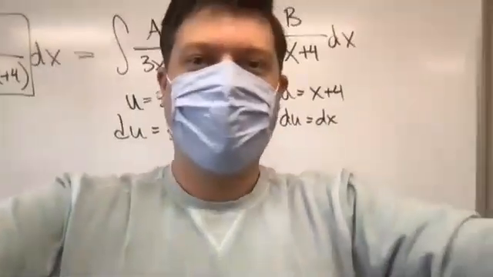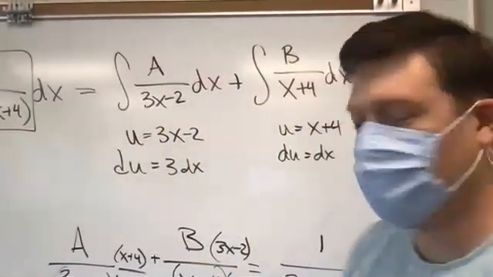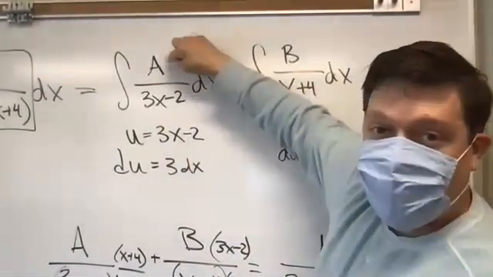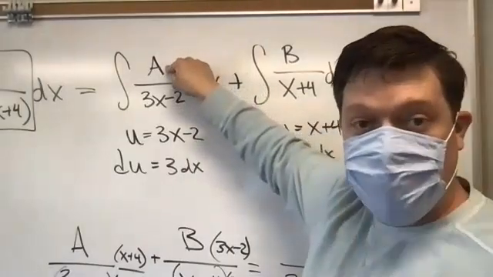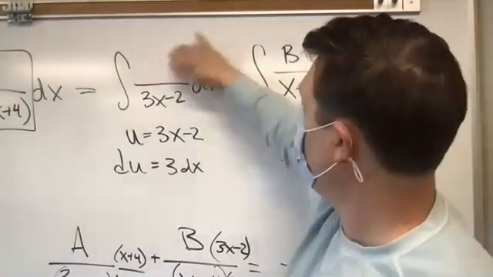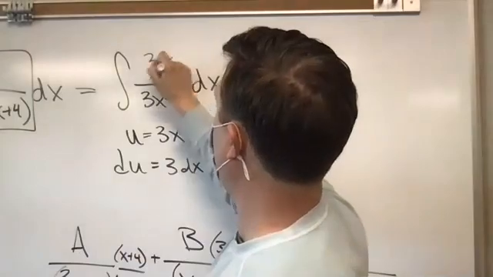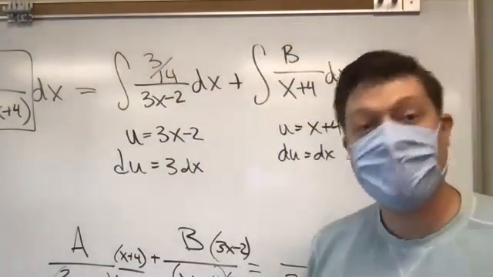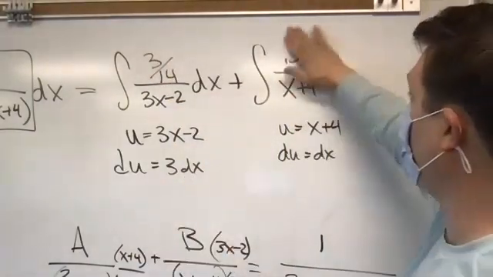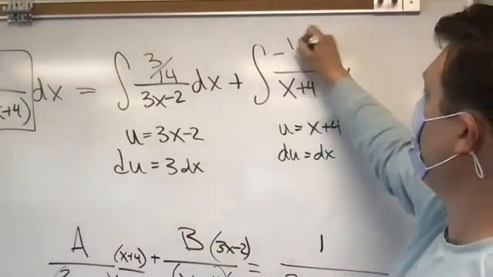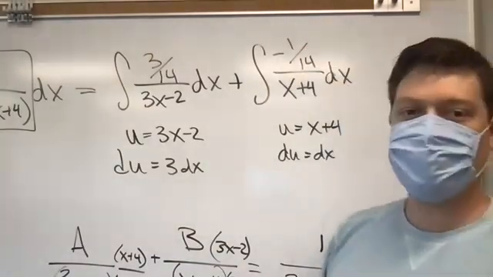So as horrible of a presentation in the moment this is, sorry you're still here, but thank you for being here. We're going to replace A with the number that we just found out on the other side of the room, 3 over 14. We're going to replace B with the number we found on the other side of the room, negative 1 over 14.